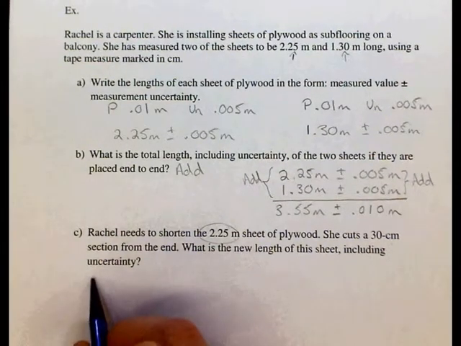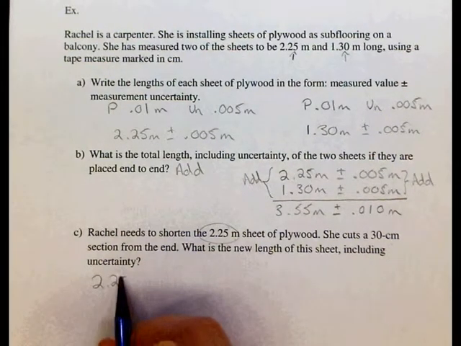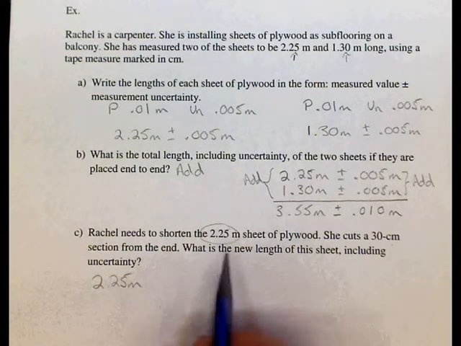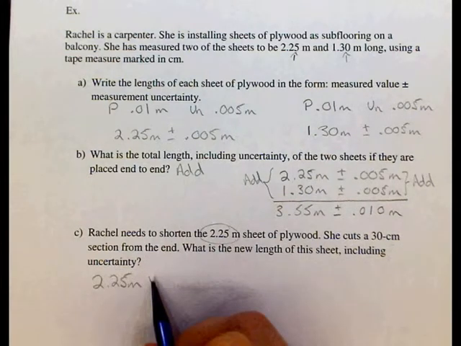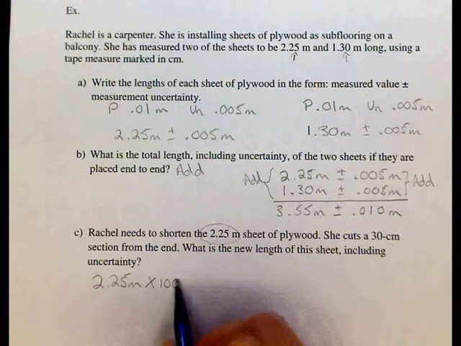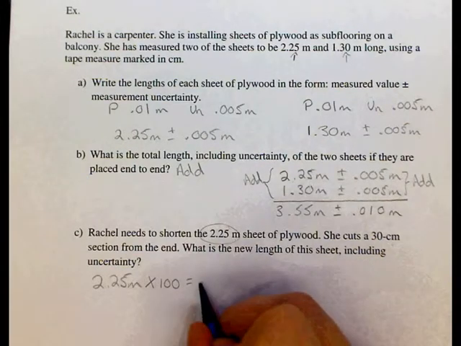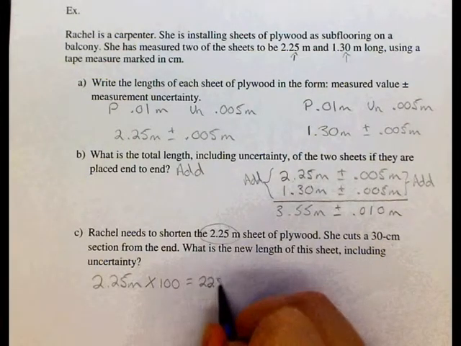So I've got 2.25 meters. I know from a previous lesson that to convert meters into centimeters, I'm going to multiply it by 100. So 2.25 times 100 is 225 centimeters.